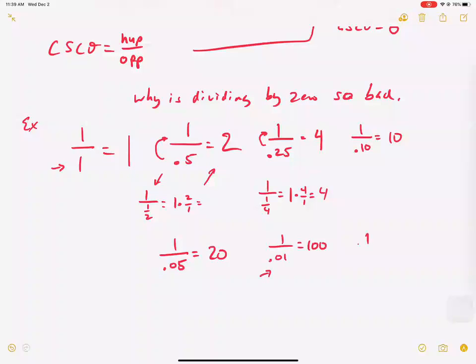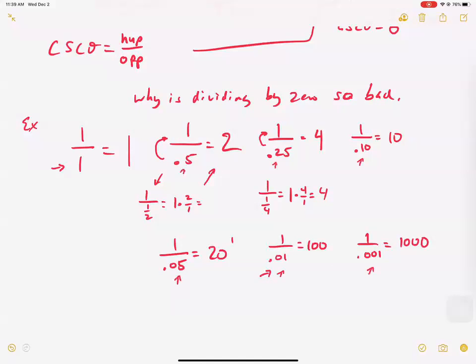How about 1,000th? How many 1,000ths are in a dollar? That's 1,000. I want you guys to see the trend here. As the denominator is getting smaller and smaller and even smaller, what is actually happening to my answer?